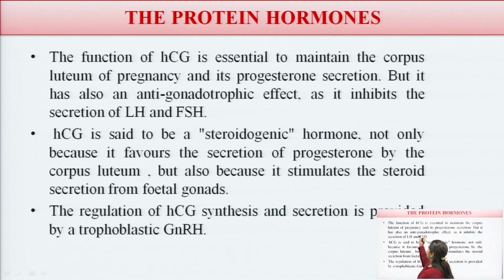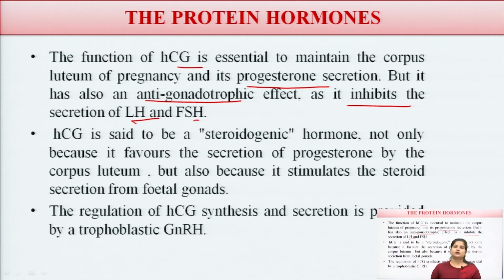Now the function of the HCG is essential to maintain the corpus luteum during the pregnancy and its progesterone secretion, right? But there is also an anti-gonadotropic effect, in that it inhibits the secretion of LH and FSH, right? So this is the inhibitory effect of the HCG hormone.